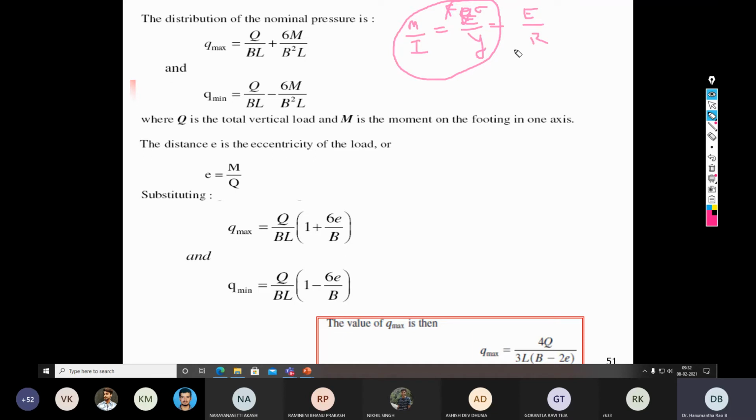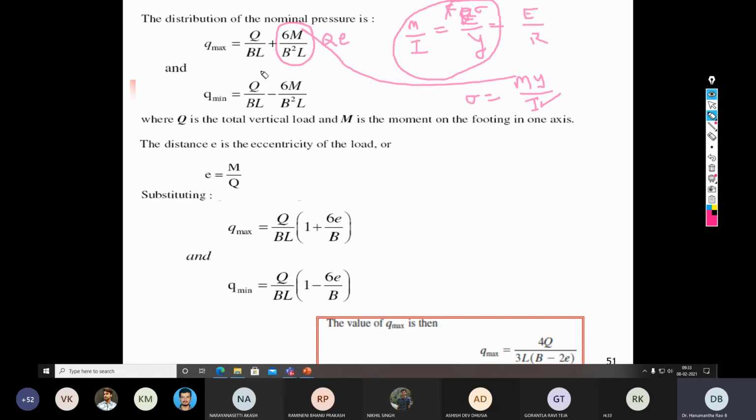Sigma is the stress beneath the footing, and Y is the centroidal distance. So sigma is nothing but M Y by I, and if you substitute and simplify, what you get is sigma is equal to 6M by B squared L.